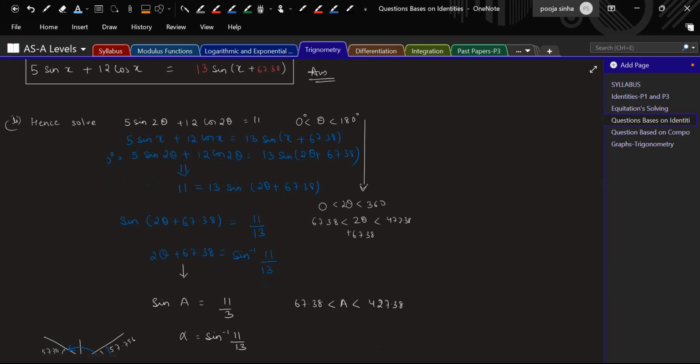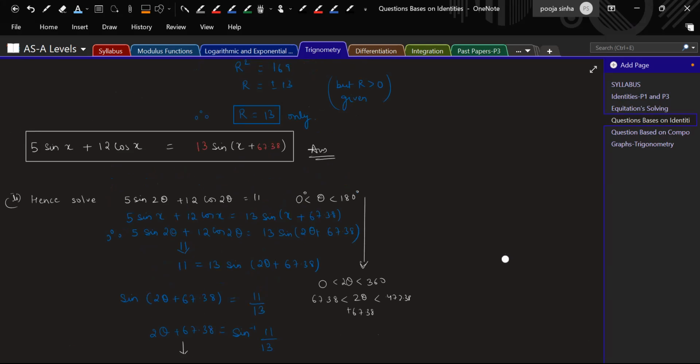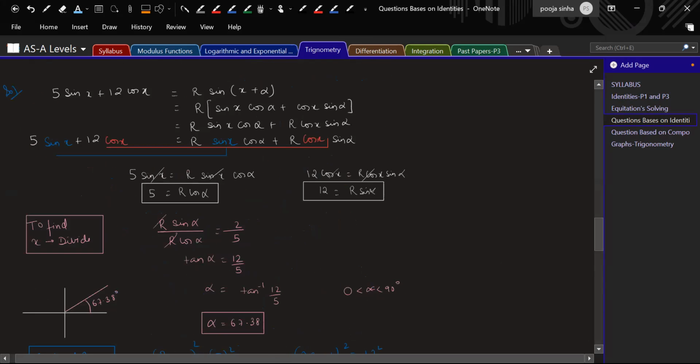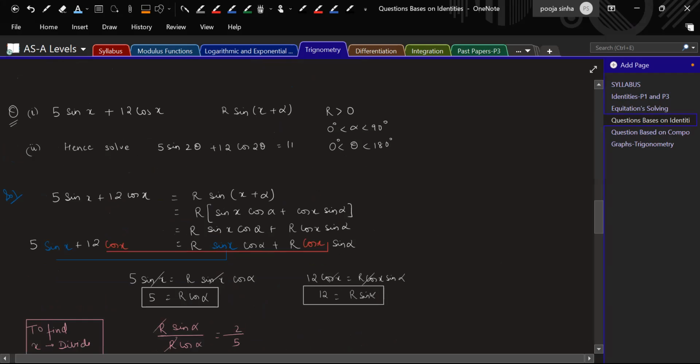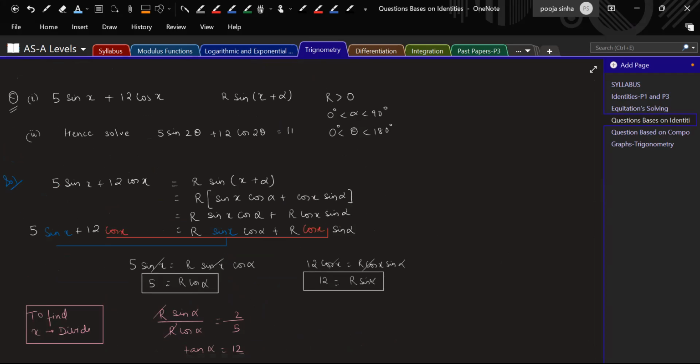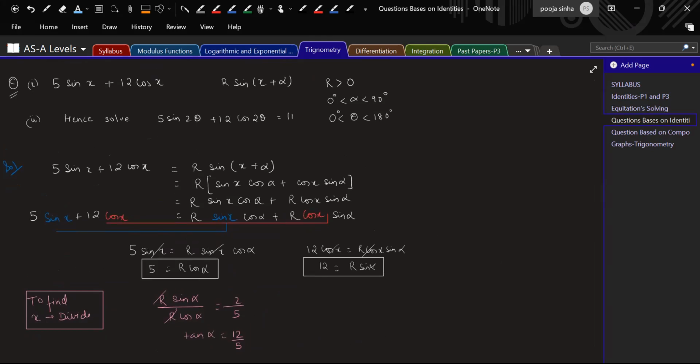One second. एक सेकंड का क्वेश्चन था. 5 sin x is equal to x plus alpha. ठीक है. Okay. Which is theta plus alpha.